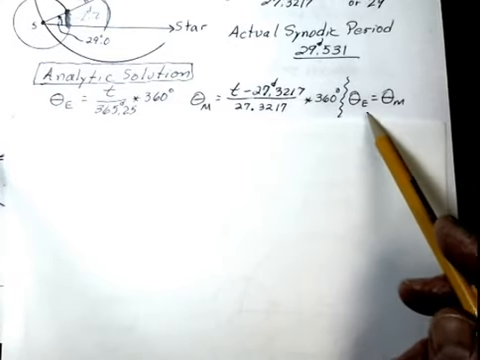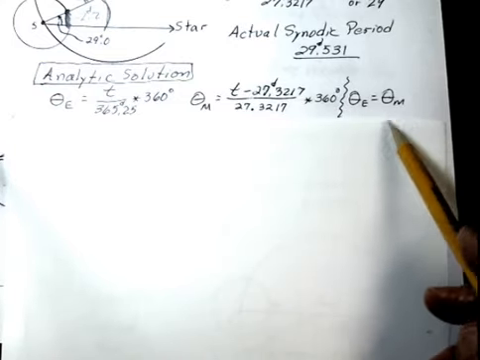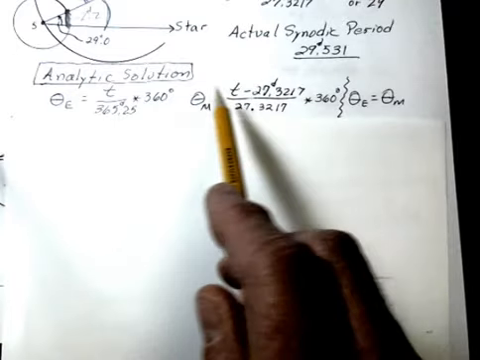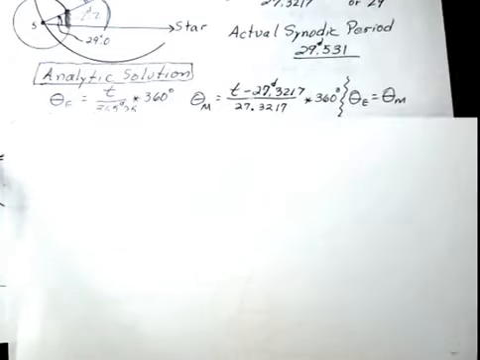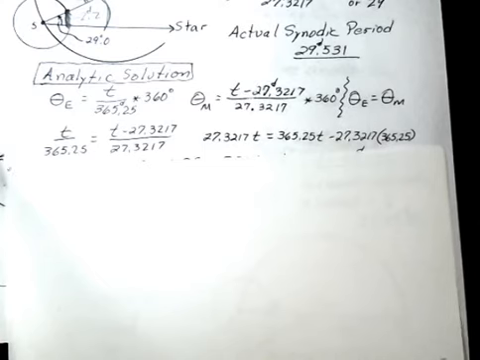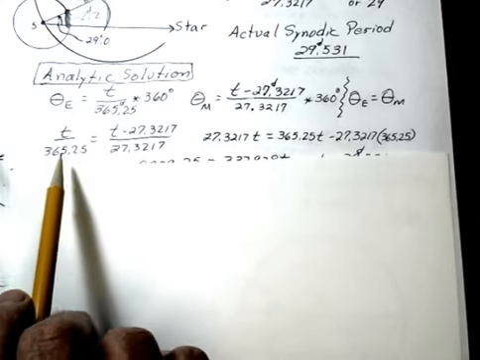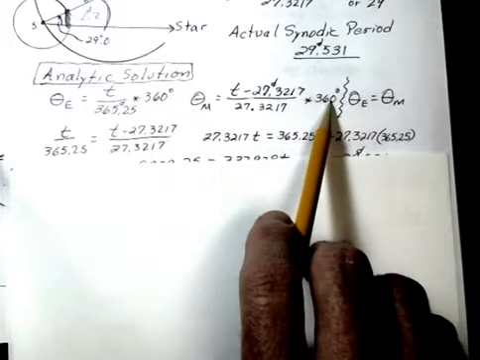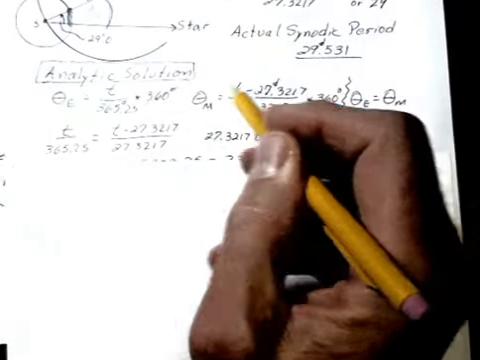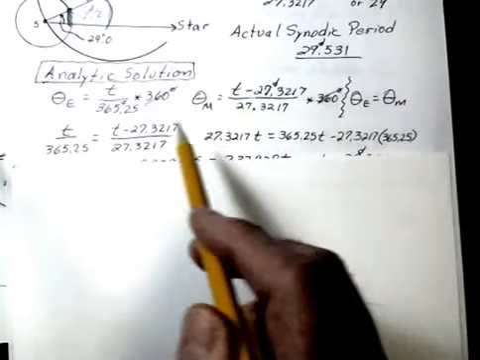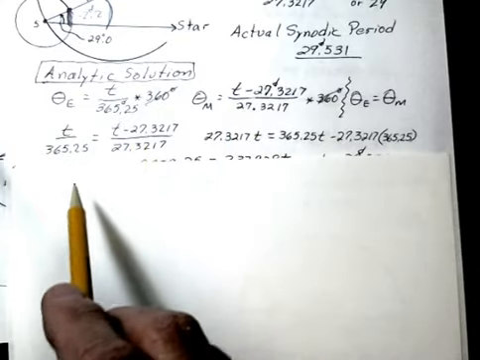What we want is the angle for the Earth equal to the angle of the moon. So I'm going to set these two expressions equal to each other. And if we do that, here is our calculation. With these two expressions equal to each other, right away you can cancel the 360 degrees. That's a common factor on both sides.